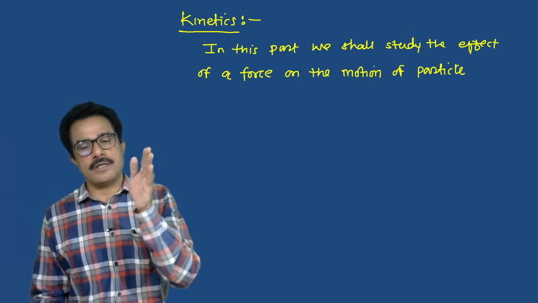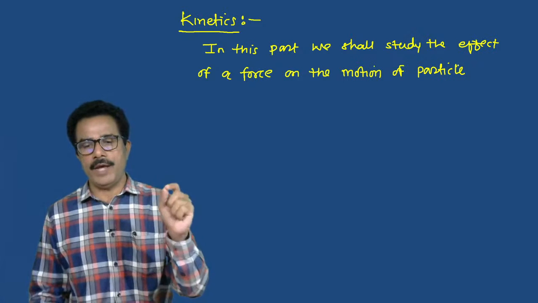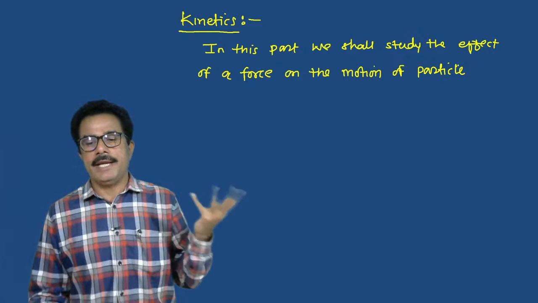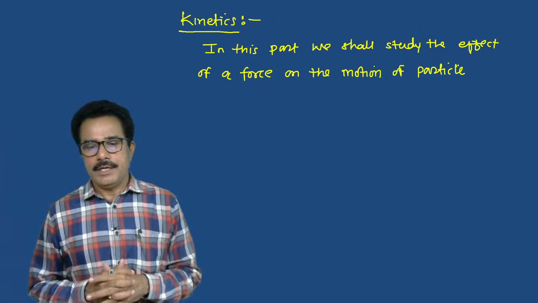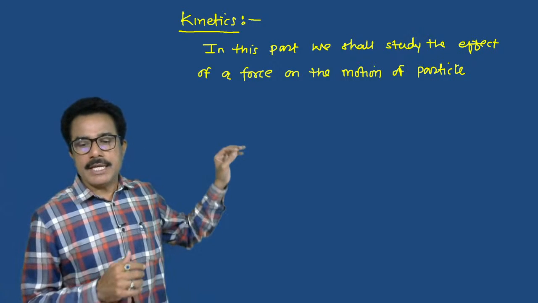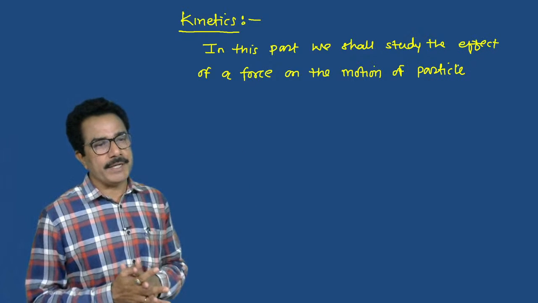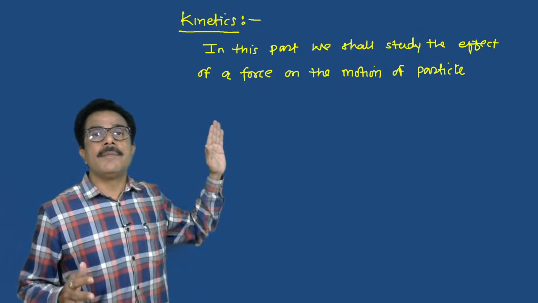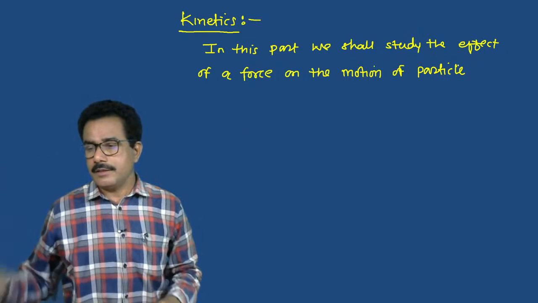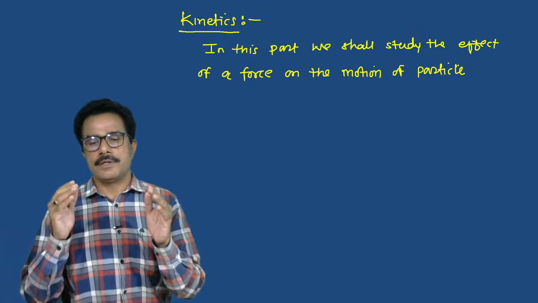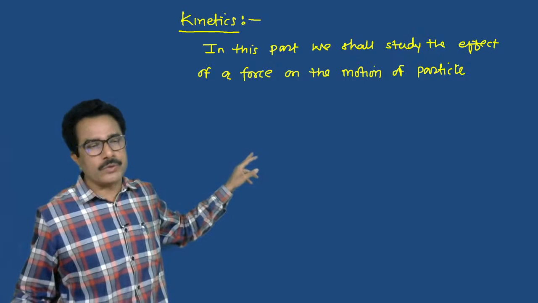Newton formulated the three well-known laws of motion, and that branch is also called the Newtonian laws, which give the relationship between motion and force. So the laws given by Newtonian or classical mechanics, we have to discuss this.